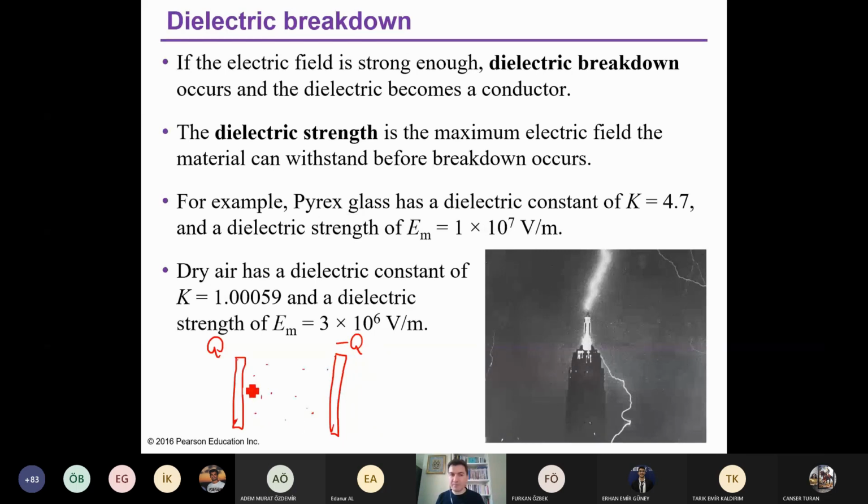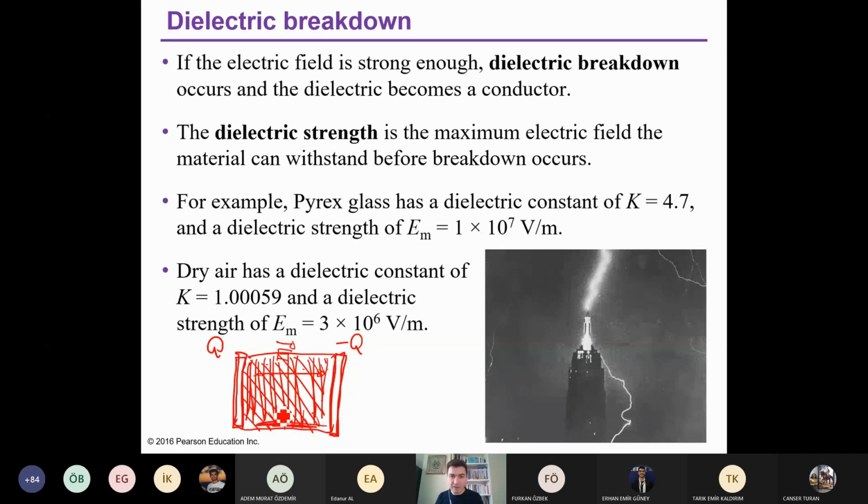We will have just an electric field in this direction, from positive to negative. If here I use a dielectric material, what about electrical conductivity between these positive and negative plates? Actually, there will be no conductivity because dielectrics are insulating materials.